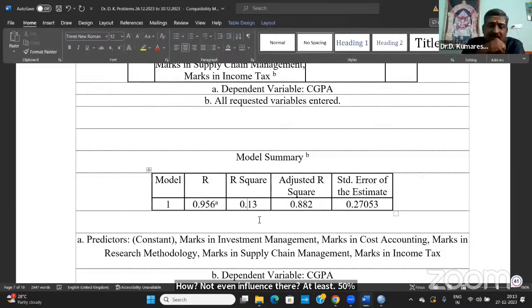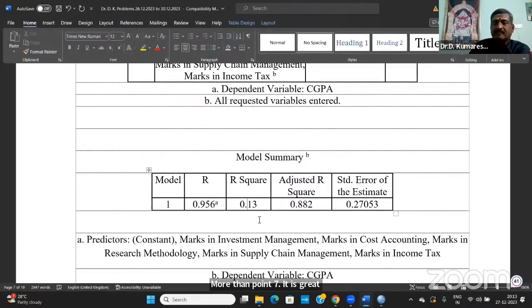So if it is 70%, it is good. If the R square value is 0.7, it is good. If it is more than 0.7, it is great.